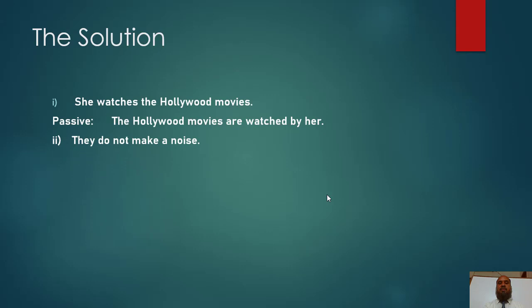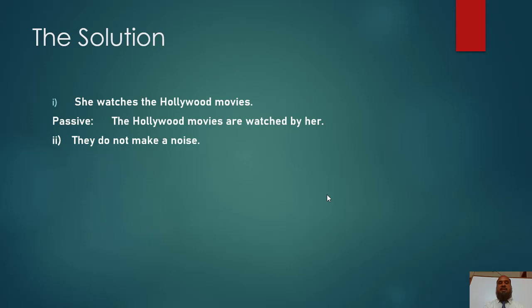Sentence number 2, they do not make a noise. Again, make the observation. Identify object in the given sentence. Then see what is the main verb or what is the transitive verb of the given sentence and what is the subject of the active voice.